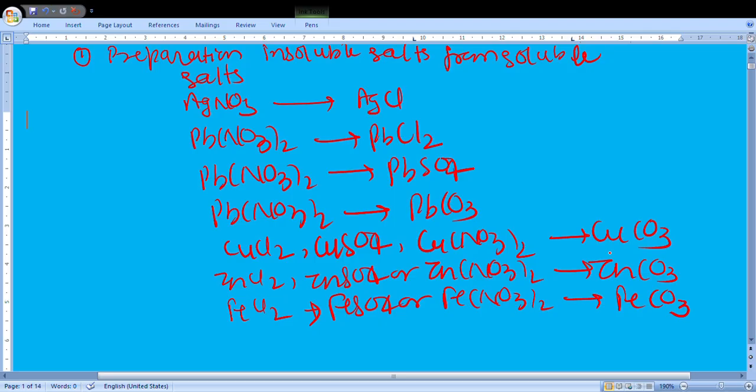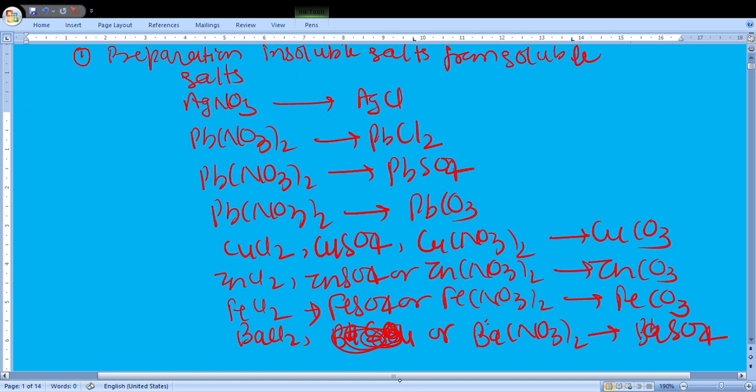These we are going to prepare, or you may also take BaCl2 or Ba(NO3)2 to BaSO4, right? Another similar compounds, and the product is BaCO3. These we are going to prepare.